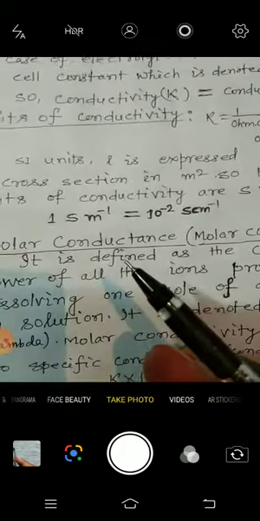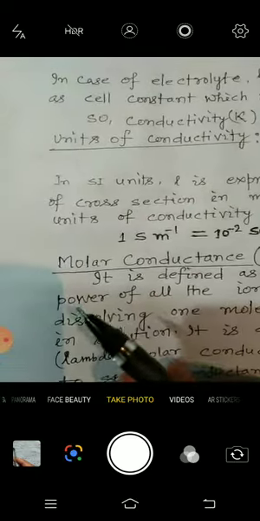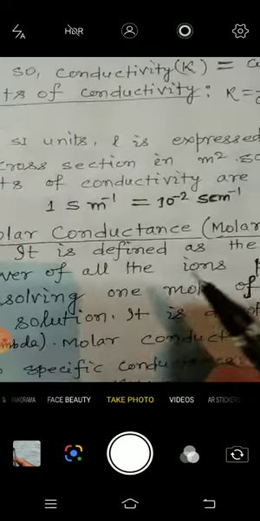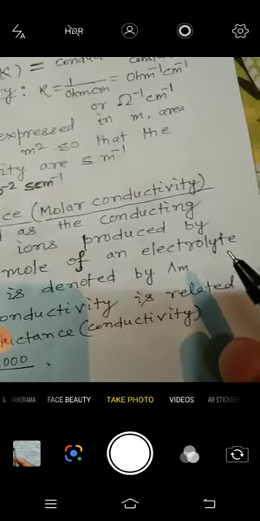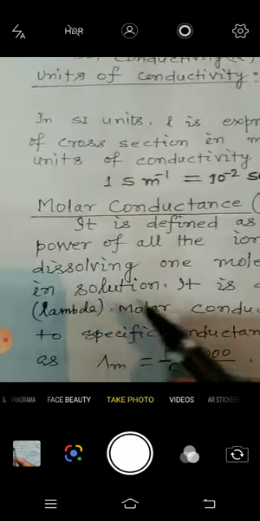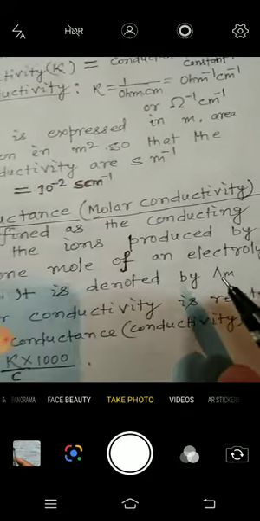It is defined as the conducting power of all the ions produced by dissolving 1 mole of an electrolyte in solution. It is denoted by lambda.